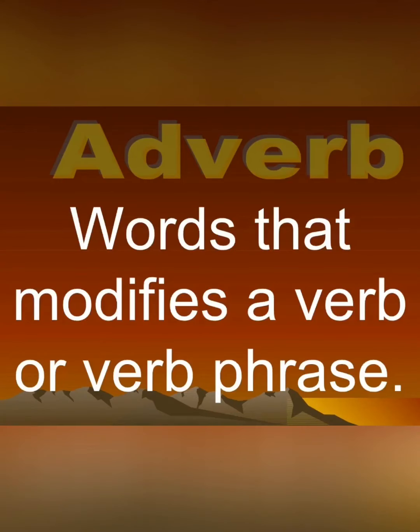Next, we have adverbs. Adverbs describe verbs, adjectives, and even other adverbs. They specify when, where, how something happened and to what extent or how often that something happened. Or you can say in easy words that adverbs add meaning to a verb.